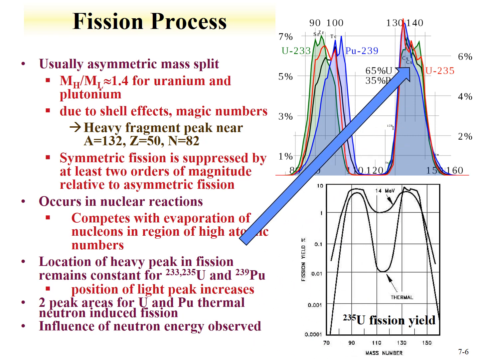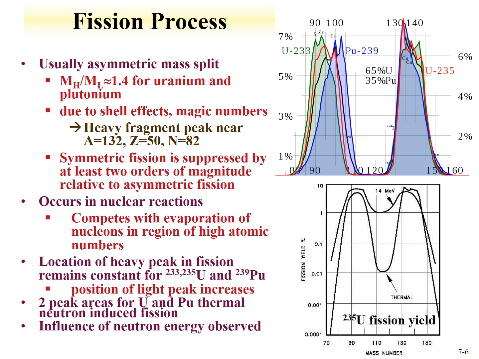In nuclear reactions, fission can also occur, and it will compete with evaporation of nucleons in the region of high atomic numbers. In other words, if you make an isotope from a nuclear reaction, it can undergo fission once it's formed as opposed to de-excitation by, for instance, emitting neutrons. We'll discuss this a little bit more when we talk about nuclear reactions.